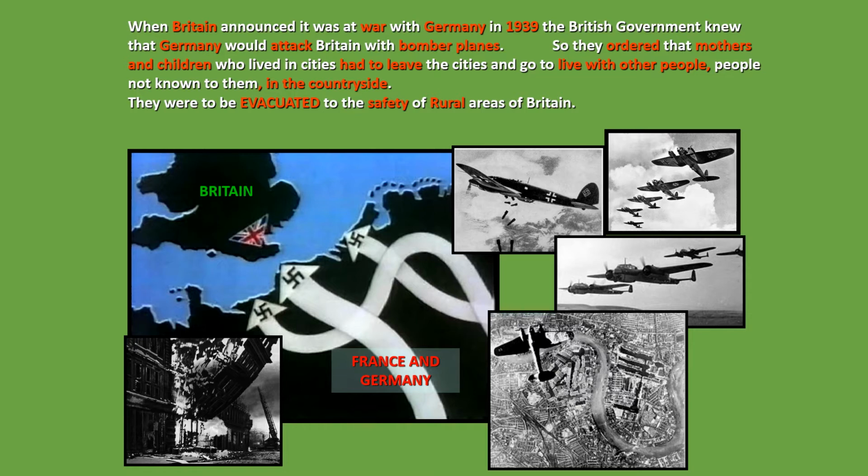Now rural means countryside areas where they were safer. Remember, many of their fathers, many of the men, would have either been working in the war or would have had to remain in the cities because they would have been key workers, perhaps butchers, perhaps ambulance drivers, and the same with some of their mums. Although some mothers were evacuated with the children, sadly, this was certainly not always the case, as we will find out.